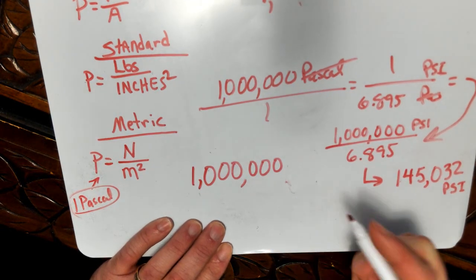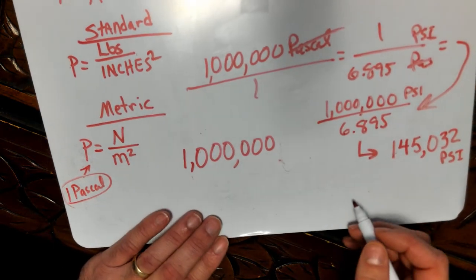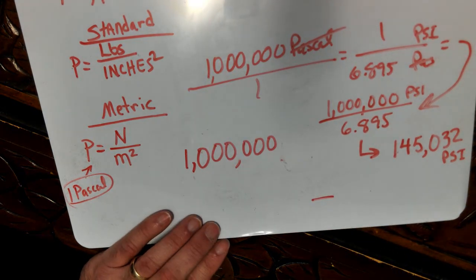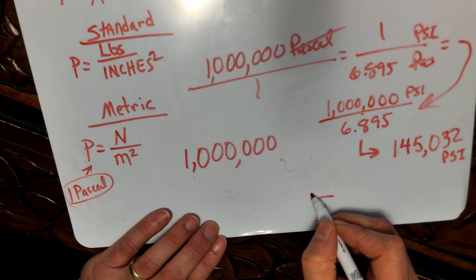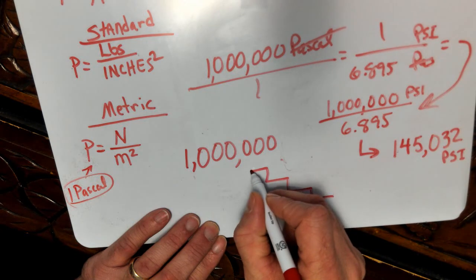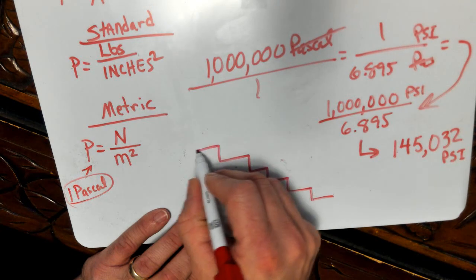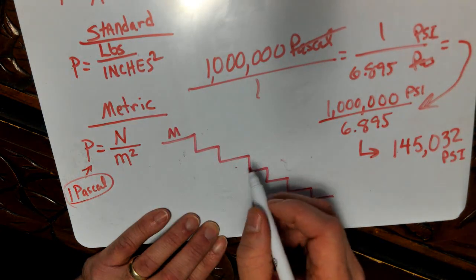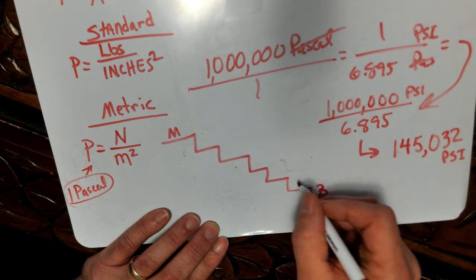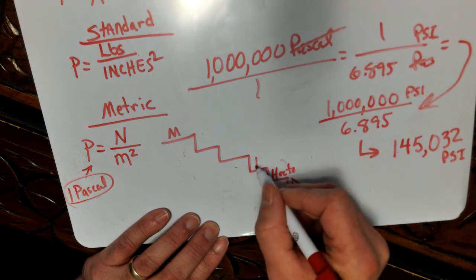And again, from the base unit up to mega, you're going to have that stair step, right? Here's the base. So you got your base, comes up to deca, comes up to hecto, comes up to kilo, and then it goes up a couple more times, and it goes to mega.